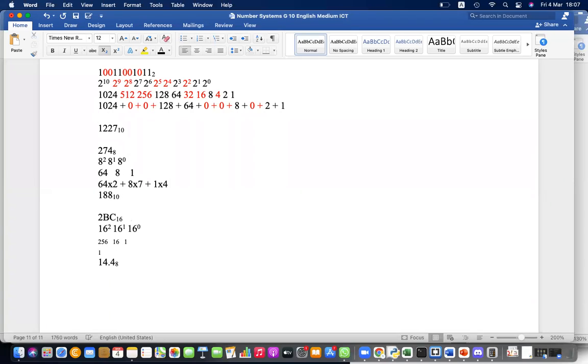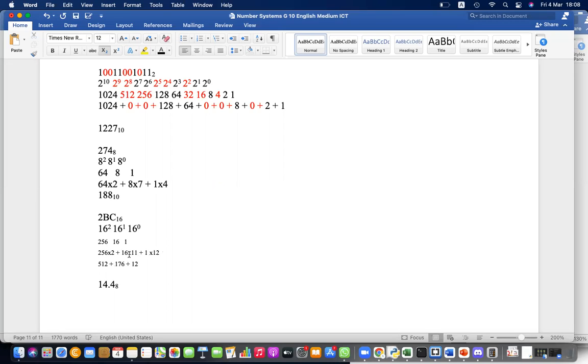Multiplication: 256 by the digit value 2, plus 16 times B, which is 11, then 1 times C, which is 12. So 256 into 2 is 512, and 16 into 11 is 176, and this is 12.